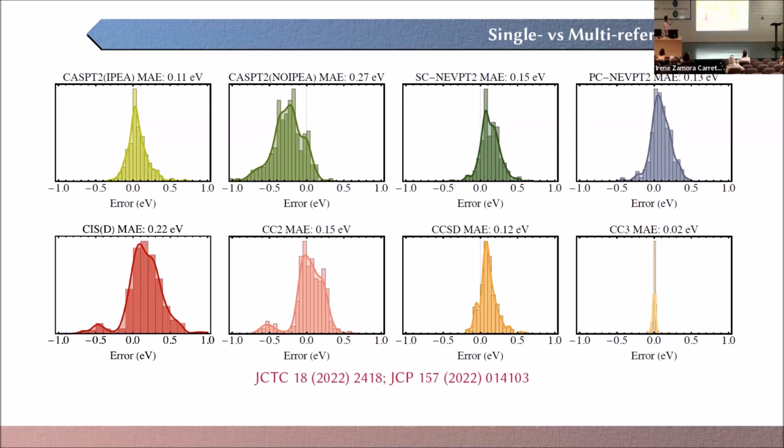You could see that the IPEA shift really reduces the error compared to having no IPEA shift. For NEVPT2, there is a very small difference between strongly contracted and partially contracted, and you don't need the IPEA shift. We could compare that with other types of single reference methods.